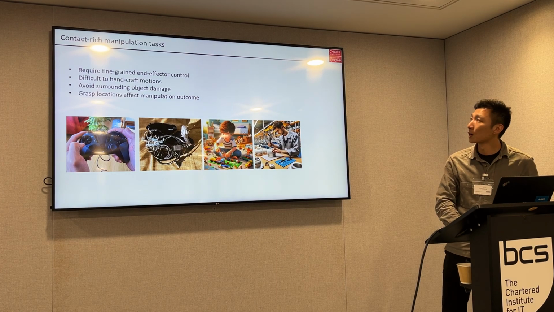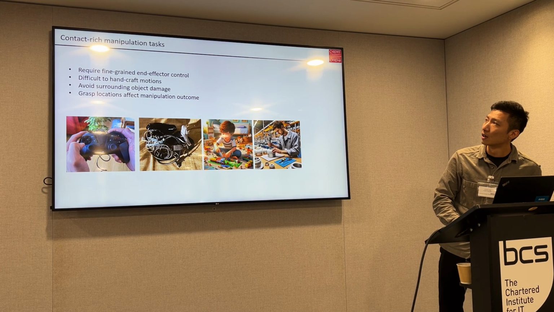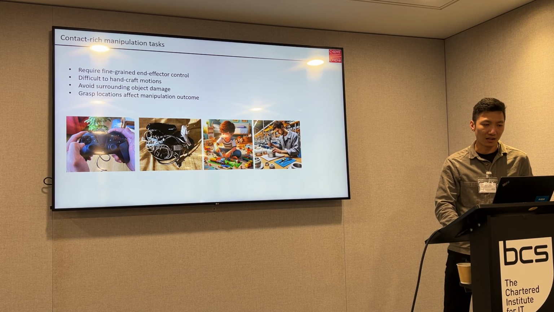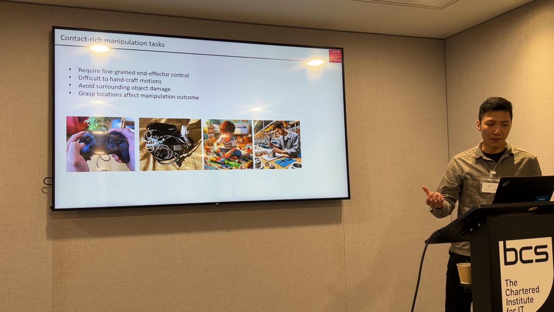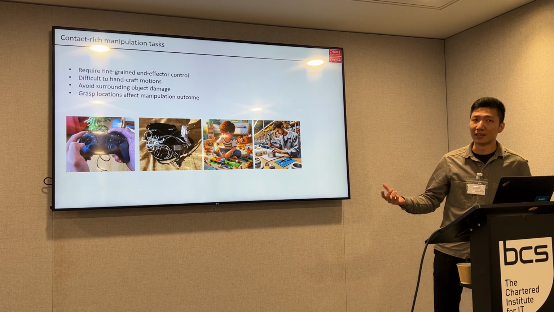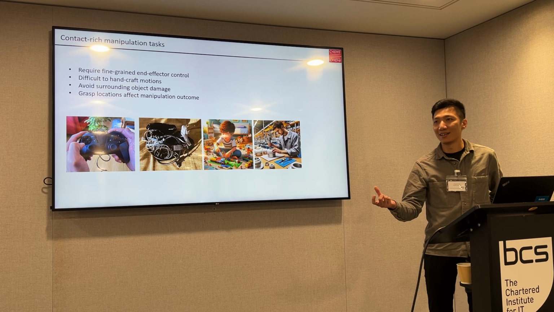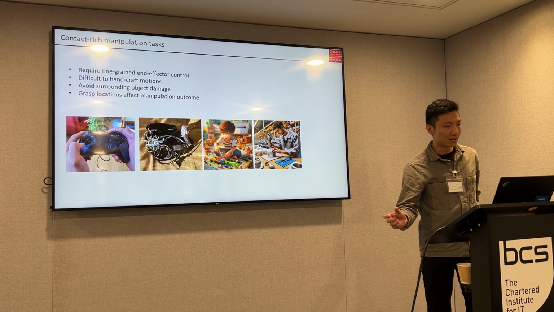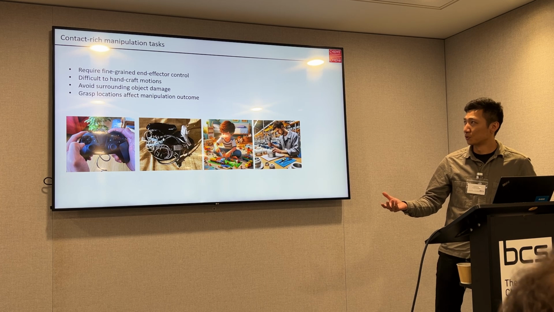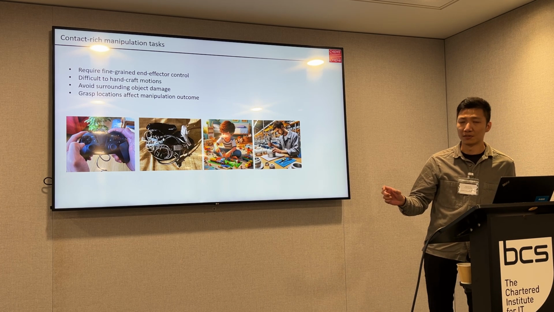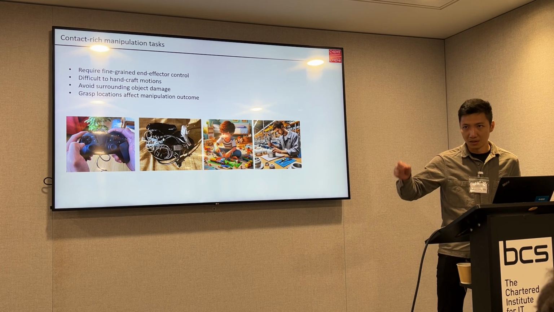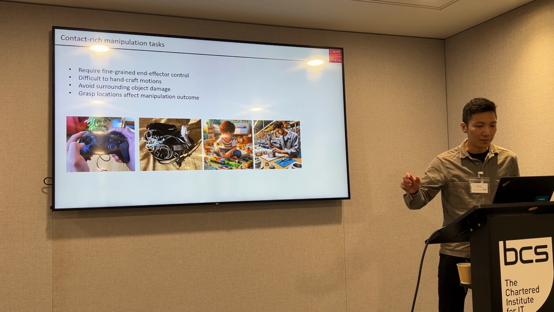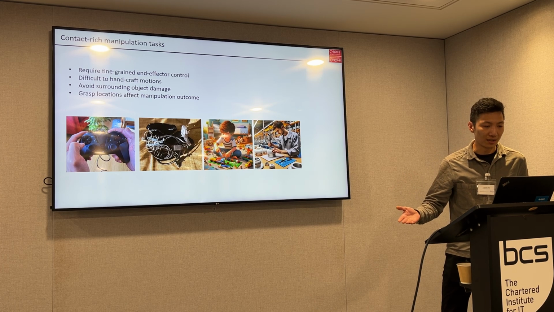So just quickly, the contact-rich manipulation tasks that we were interested in are tasks that involve more fine-grained and effective control. So there is delicate contact information that the robots need to be more concerned about, and it is difficult to use handcrafted small skills like lifting or small primitives that we can use for pick and place tasks.